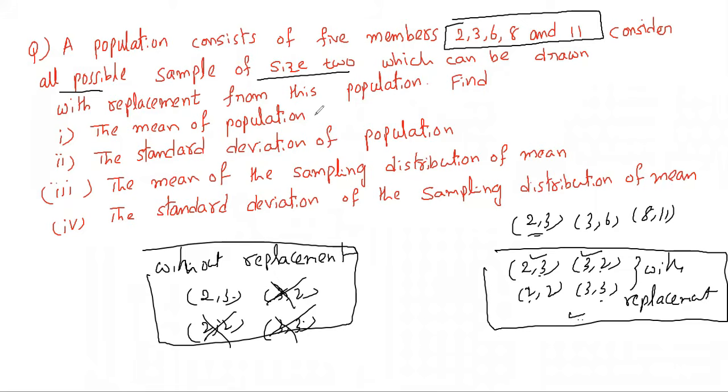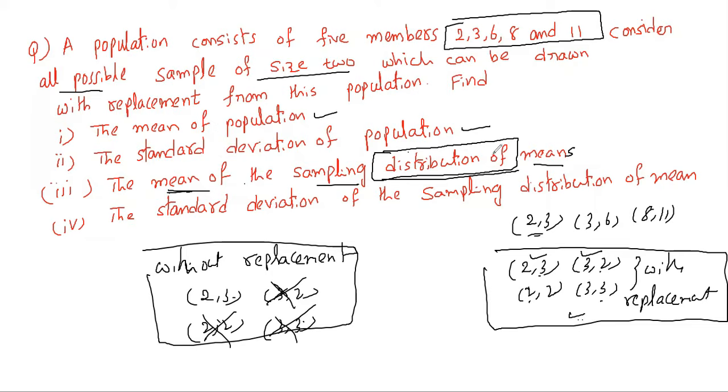Find first the mean of the population, second the standard deviation of the population, third the mean of the sampling distribution of means. That means the mean of the sample means. Simply, in the third question we have to find the mean of the sampling means.